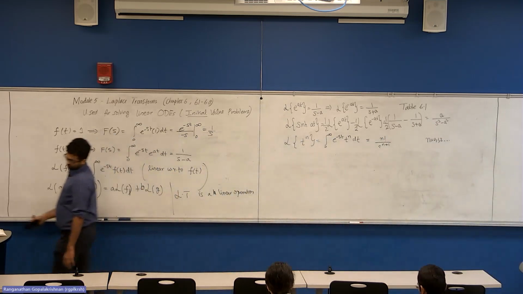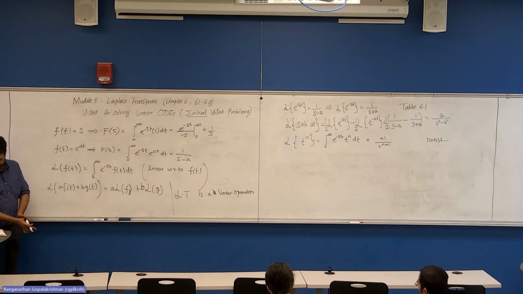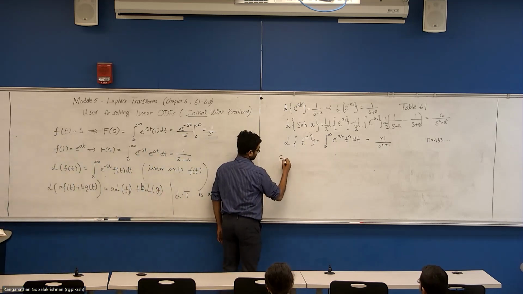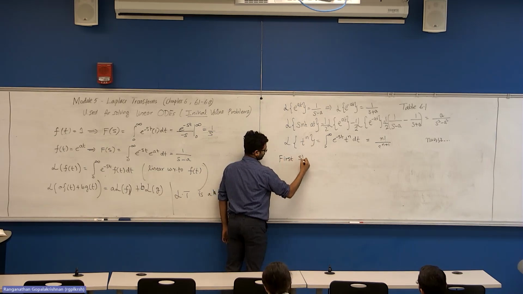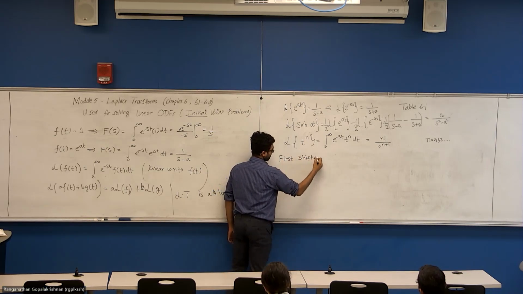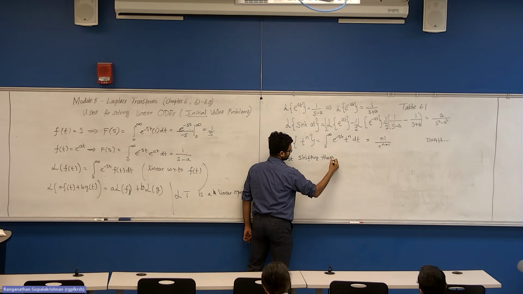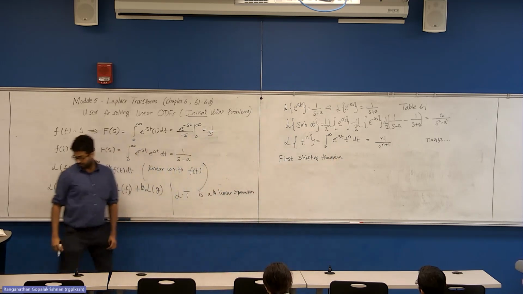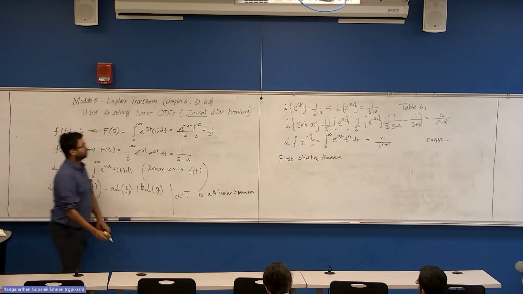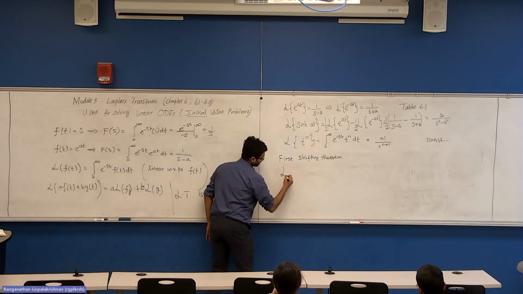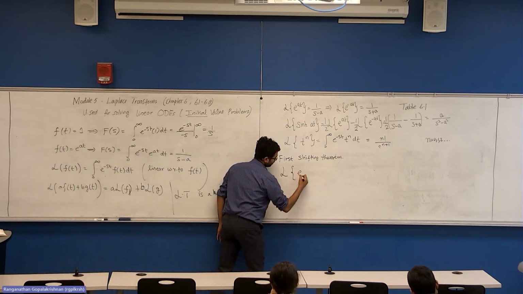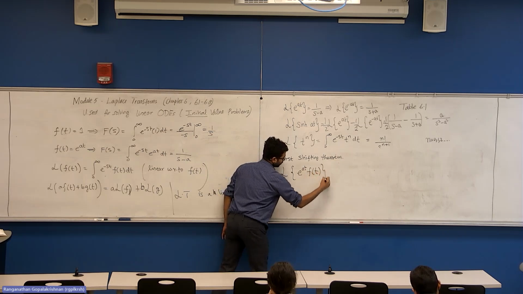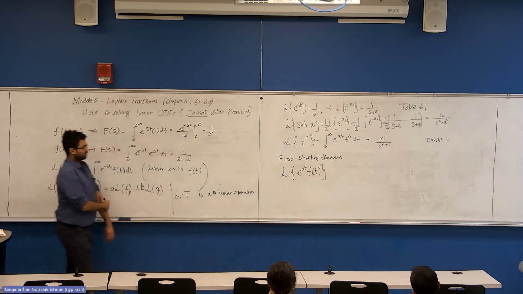So we come to our first kind of useful result, which is called the first shifting theorem. It goes as, if I want to know the Laplace transform of a function which is e power at multiplied by some function of time, what is this result?